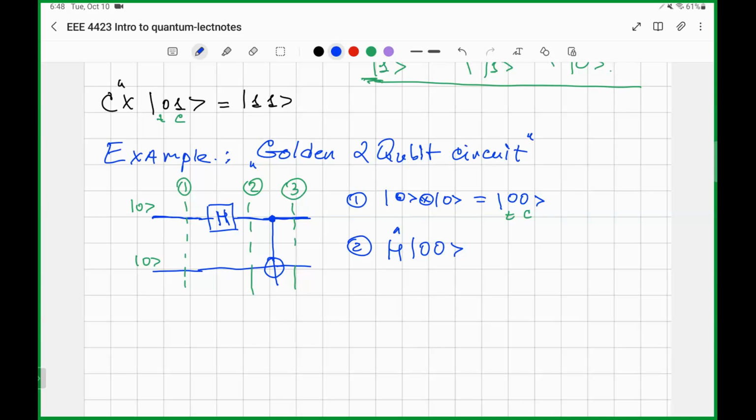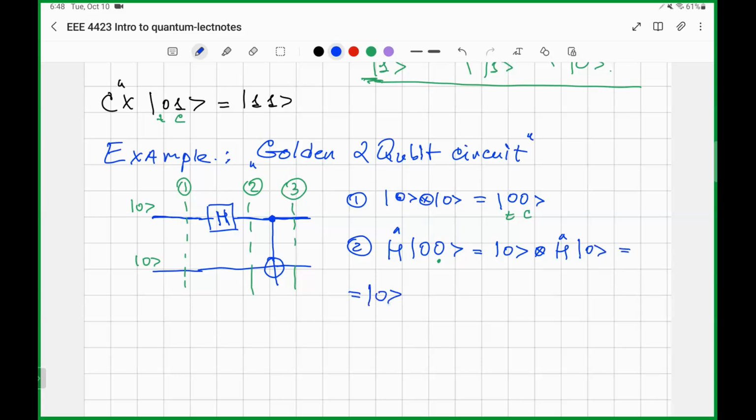On the first one, right? And the first one is this control. So I can split this as the tensor product: the 0 state in the second qubit is not affected anyhow, tensor product with the result of the Hadamard gate on the first one.